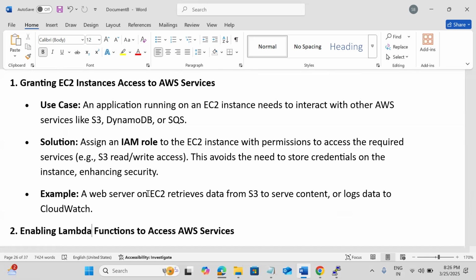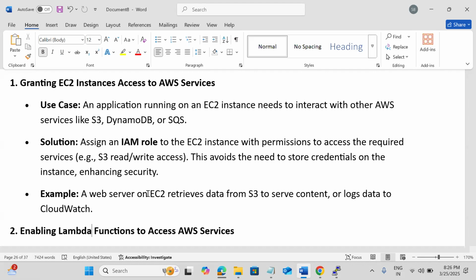But this role I need to attach to the EC2 instance. In the advanced options of the EC2 instance, in the instance profile, we can give this role.